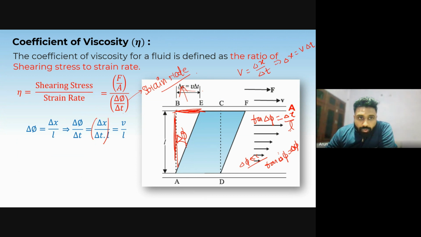Now this is also called the velocity gradient, because if you measure any physical quantity with respect to length, then it is called the gradient of that physical quantity. Got it? I have also discussed this in gravitation when we discussed the potential gradient.